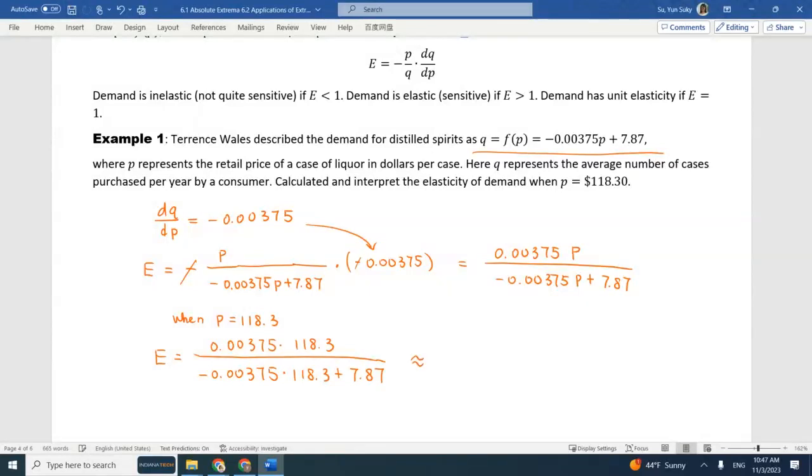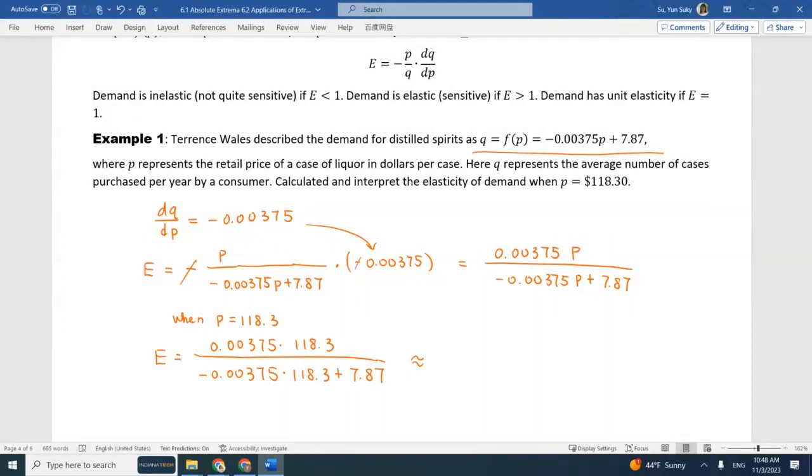What do you get? Everybody take out your calculator, put this in your calculator. What do you get? Hopefully you get a positive number.